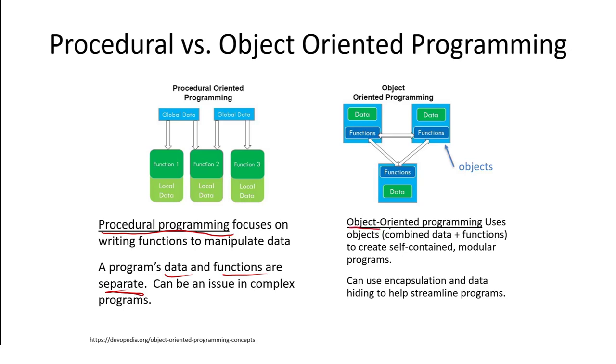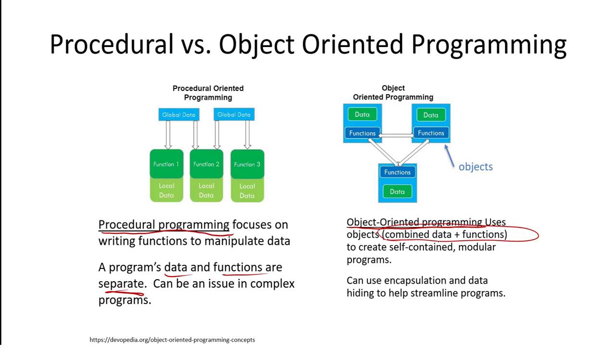That brings us to object-oriented programming. In object-oriented programming, we use classes to define and create objects. Objects, since they're made out of classes, allow us to combine our data and functions together. And so object-oriented programming is what allows us to create these sort of self-contained modular programs.